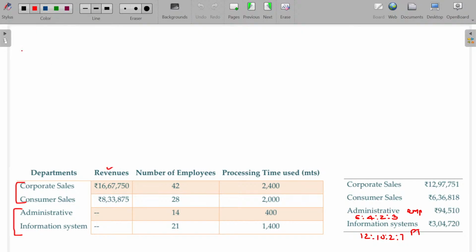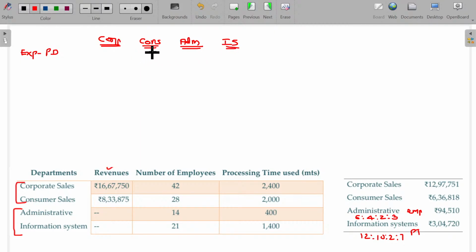Expenses as per primary distribution. Corporate sales, consumer, administrative, information system.